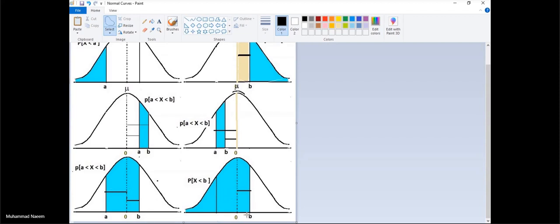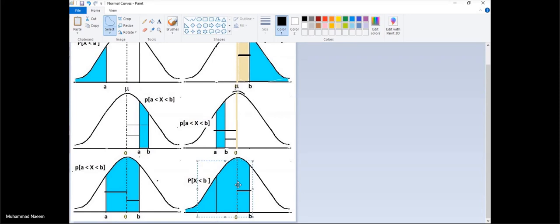In this case, we get this area from the table. This is our tabulated area, this one. How can we get the whole shaded part? By adding 0.5 to this tabulated area. This is 0.5. So add 0.5 to this tabulated area. We will get the whole green shade.